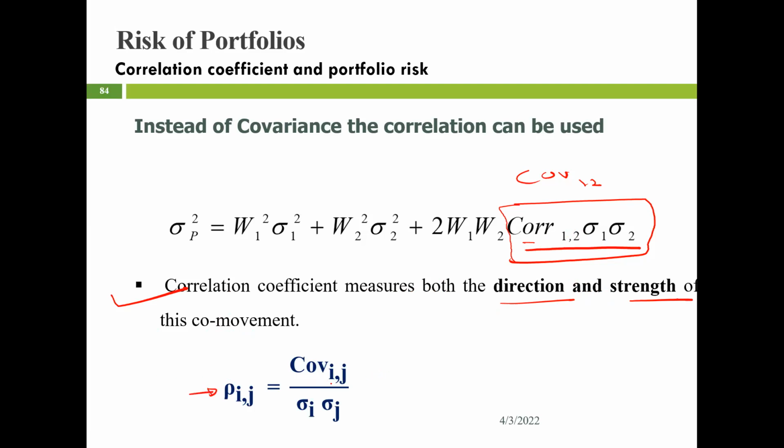The correlation coefficient is equal to the covariance of two stocks' returns, I and J, they are the two stocks here, divided by standard deviation I times standard deviation J. So now in our example, we have calculated the covariance and also standard deviation X and standard deviation Y. So now you can calculate the correlation coefficient. If you calculate it, you will get the answer. But before that, you should know how to interpret the numbers.